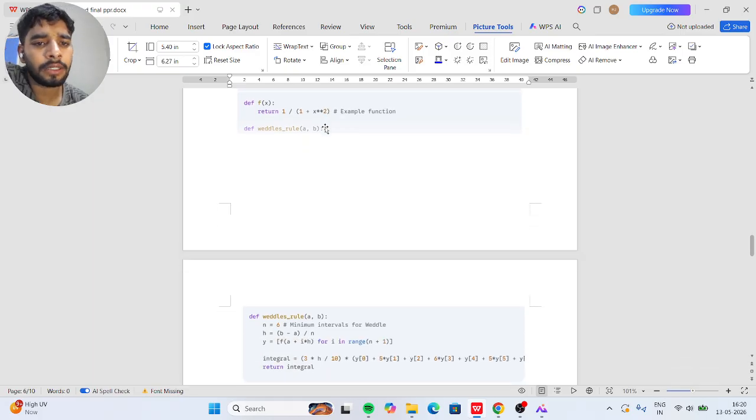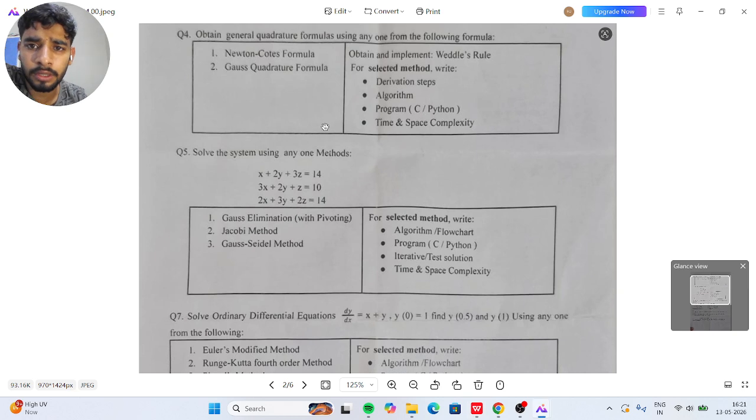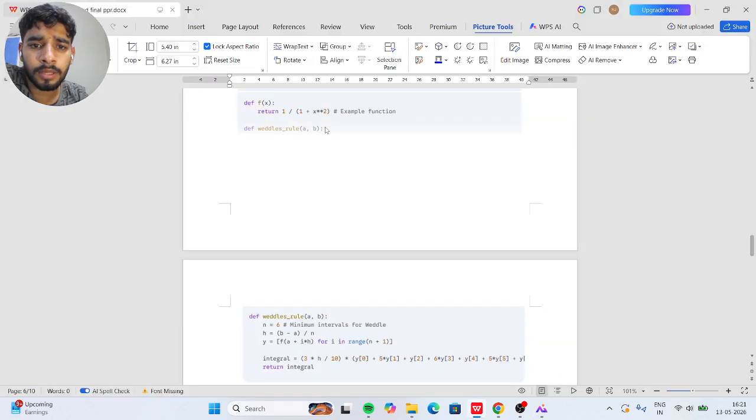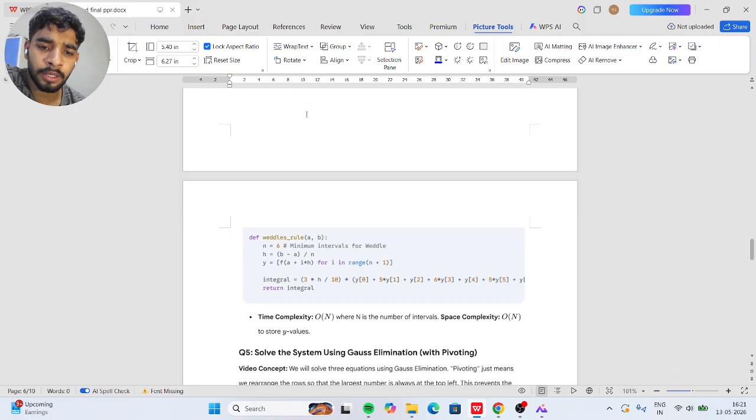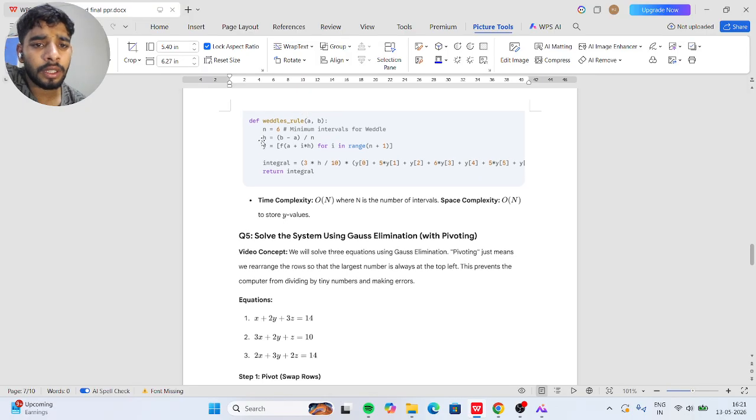So we first define the function f with the argument x, which returns the value of our given function, or we are taking it as an example function. Now we will define the Weddle's rule function, which takes a and b as arguments, where n equals 6, the minimum number of intervals for Weddle's rule.